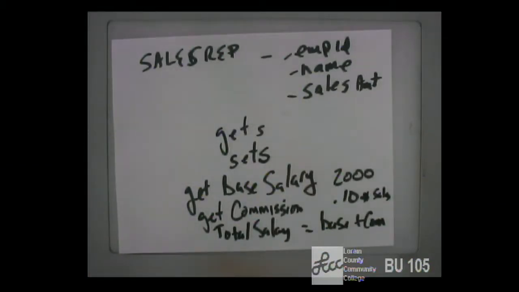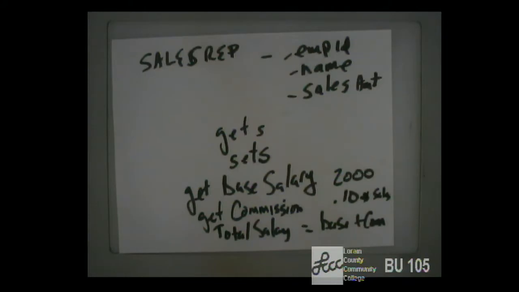So if a sales rep sold $100,000 worth of goods in a month, that's a lot of money. Let's say they sold $10,000 worth of goods in a month. All right? Their total salary would be what? Well, their base salary is $2,000.